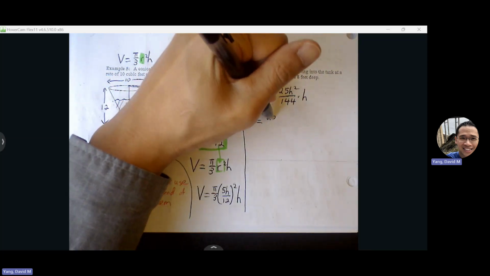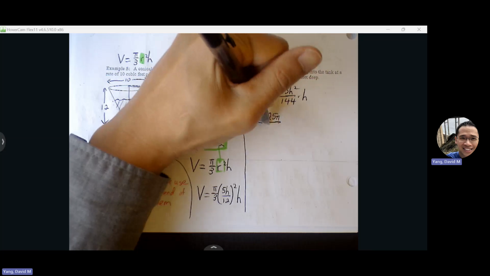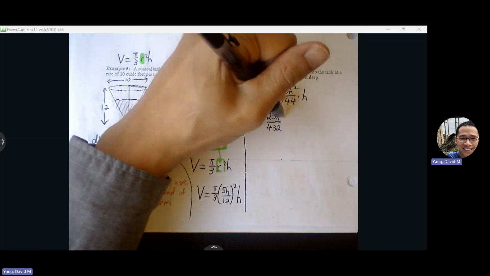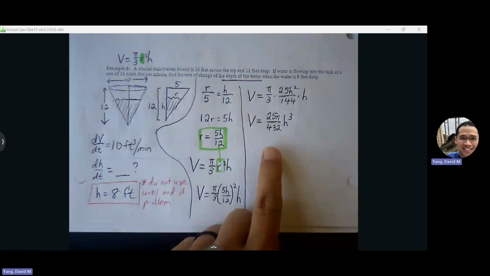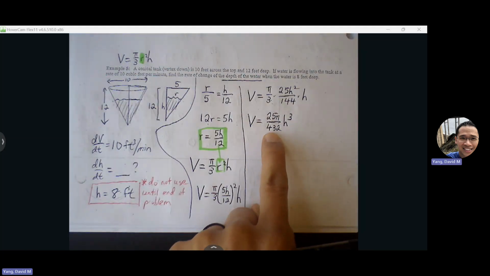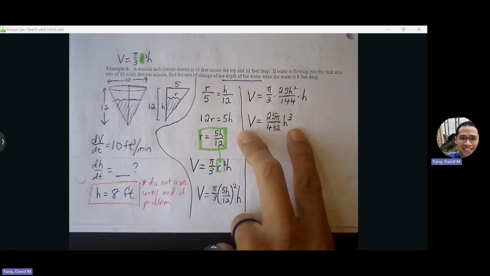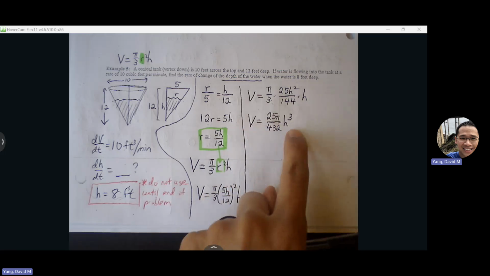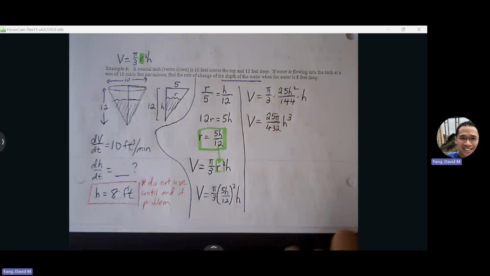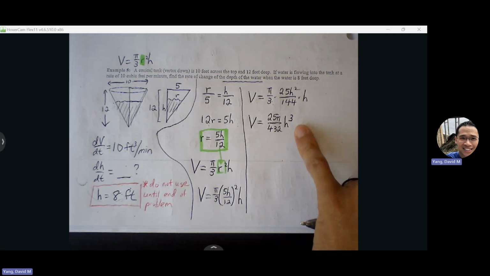So if I just push the coefficients in front, and then there's h's that I can merge, right? H squared times h is h cubed. I want to get to this stage before I apply derivative. But once you get to this point, it should be a relatively easy derivative process for us. We just have to do power rule for both these variables. Okay. So any questions from here to here to here?